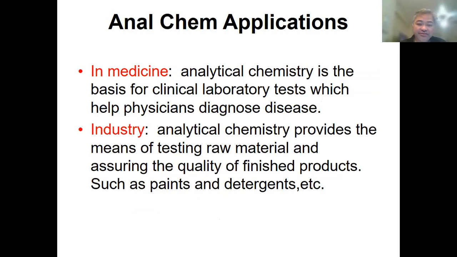Okay, in medicine, the tests that you have, the lab results that you have, you utilize analytical chemistry there. In the industry, okay, analytical chemistry is used to test the raw materials and assure the quality of finished products. Okay, yeah, that's why you have what we call QA and QC.